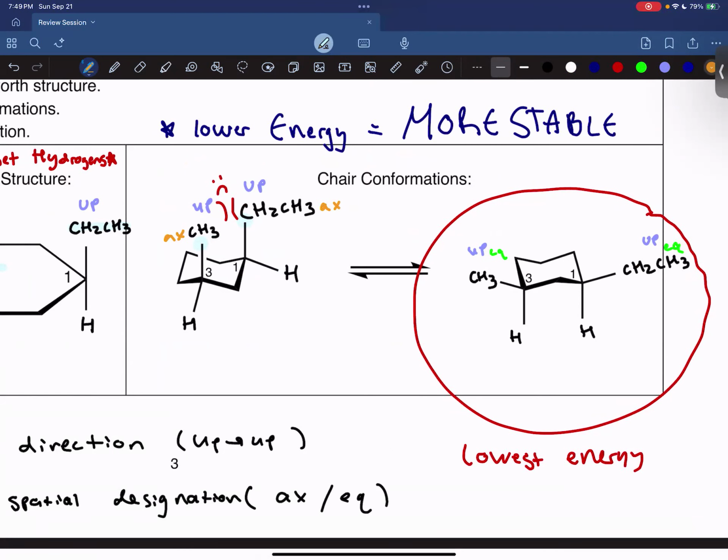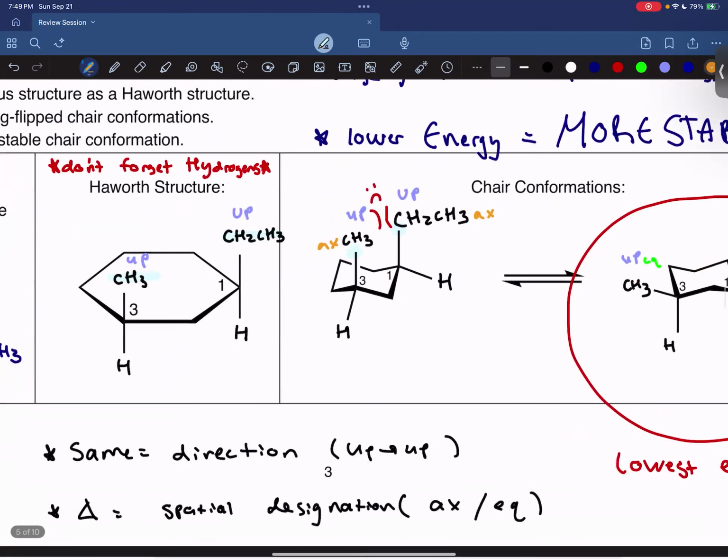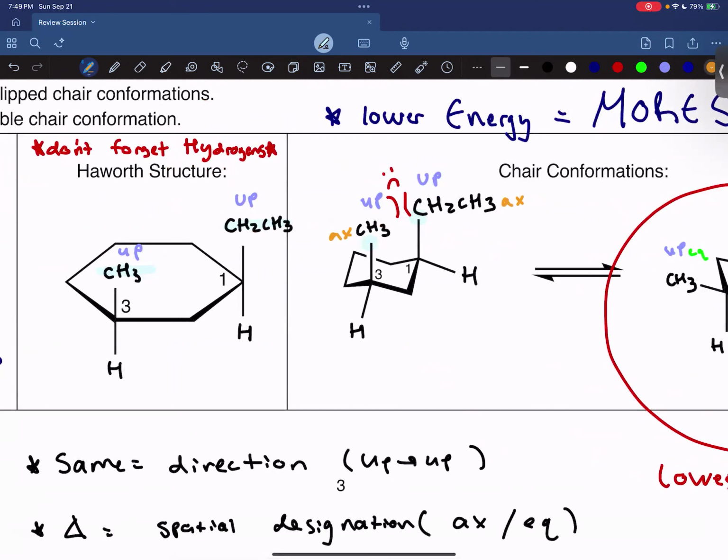Yeah. For this part, I just generally, if I draw it up on this one, I believe it has to be up on the second one, if that makes sense. What do you mean?